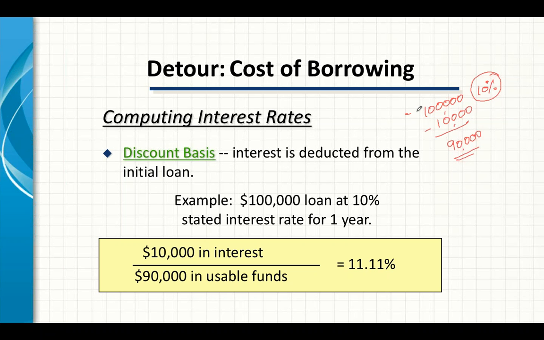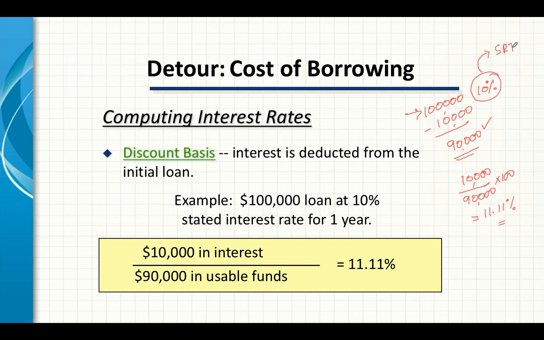Though you borrow 100,000, interest is already deducted at the time of disbursal, and you can use only 90,000 in your business. But what is the amount of interest you are paying? 10,000. On how much amount utilized in your business? 90,000. So the rate of interest is not 10%, it is going to be 11.11%.